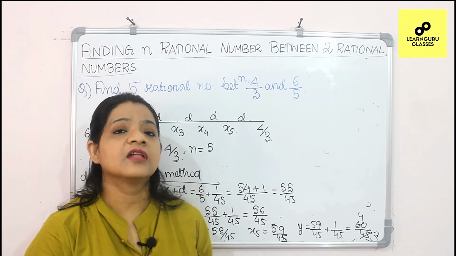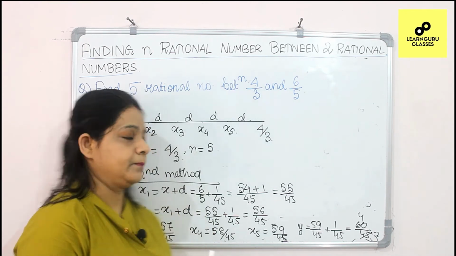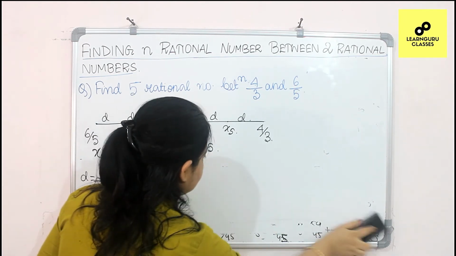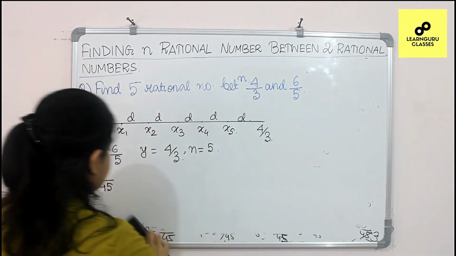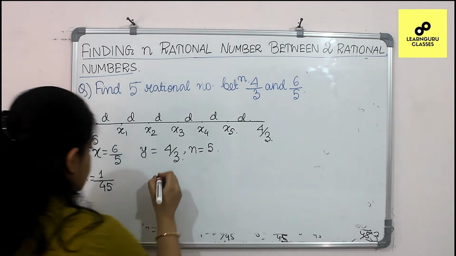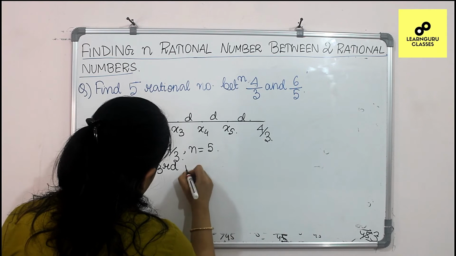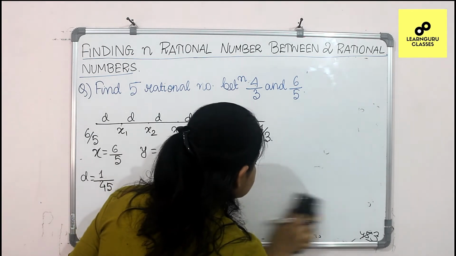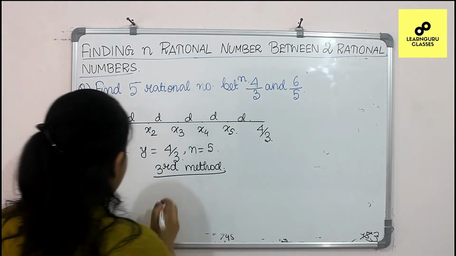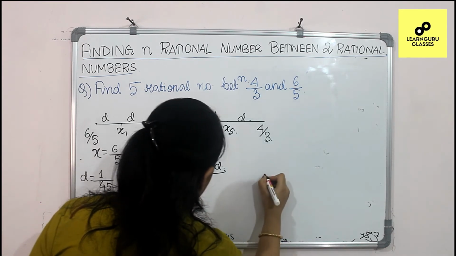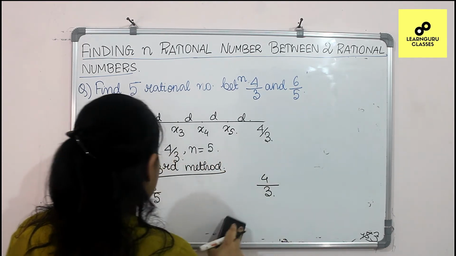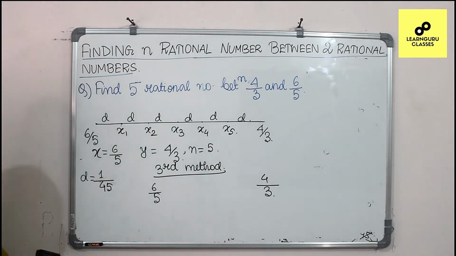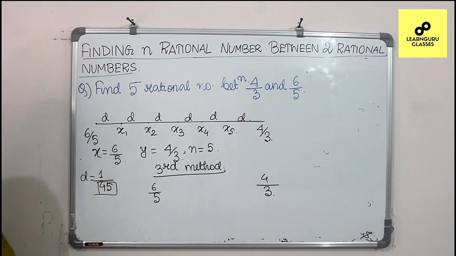So let's see how we can solve it using the third method. The third method is, we will be writing the two rational numbers 6 by 5, 4 by 3. Now somehow you have to make the denominators of the two rational numbers equal to the denominator of d, that is 45.